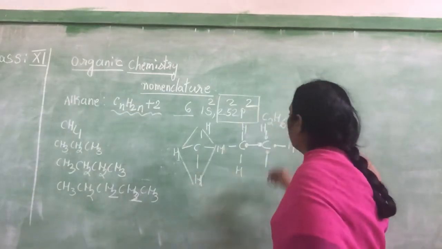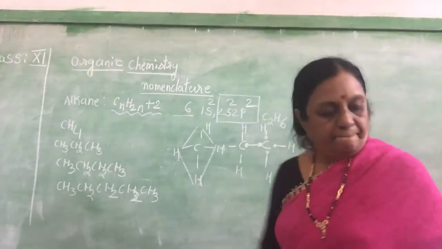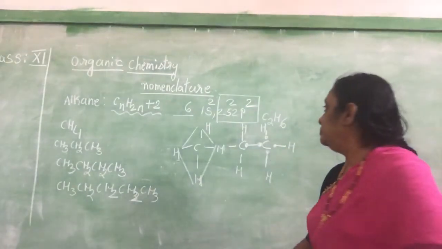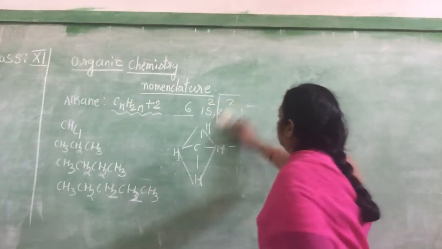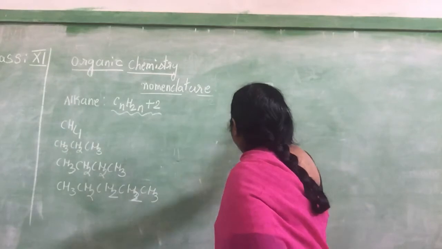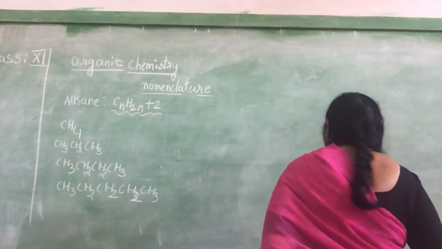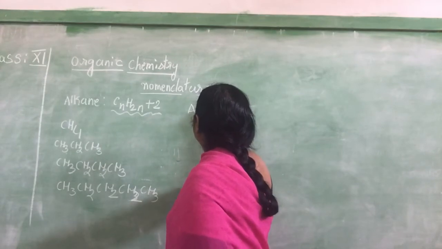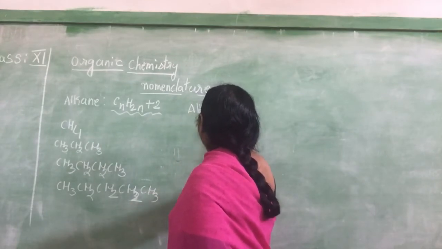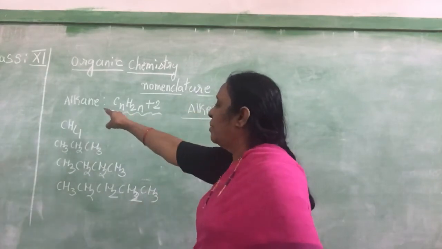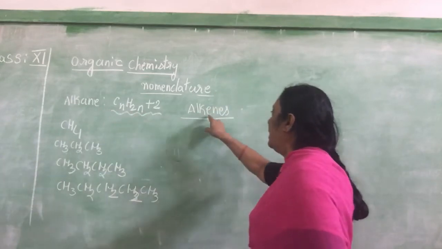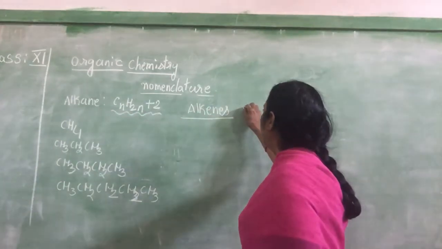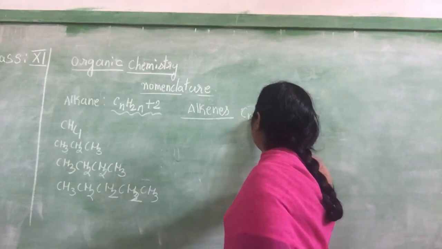Now let us start alkenes. Now children, alkenes. Alkene: from the alkane, A is replaced by E. Now here the general formula is CnH2n.